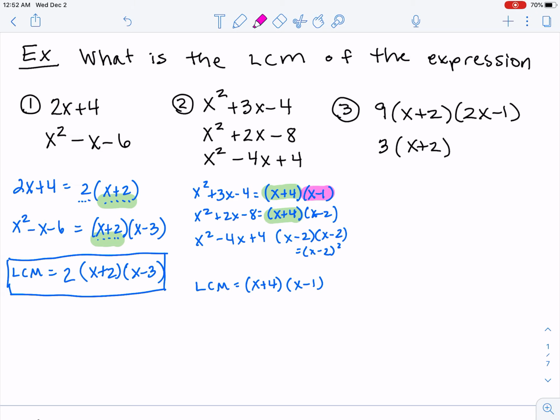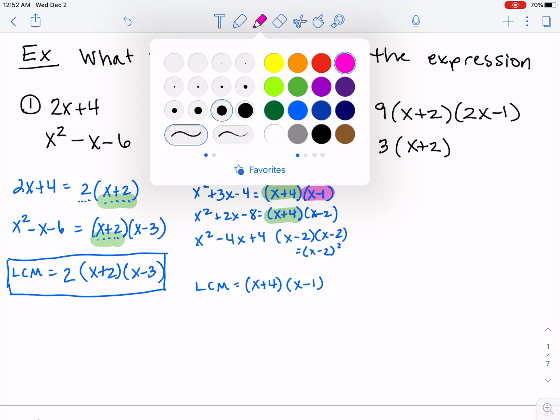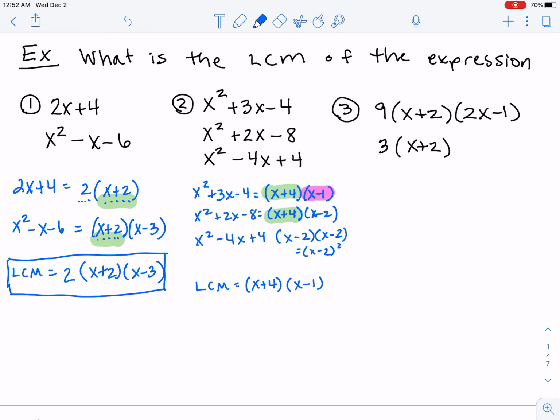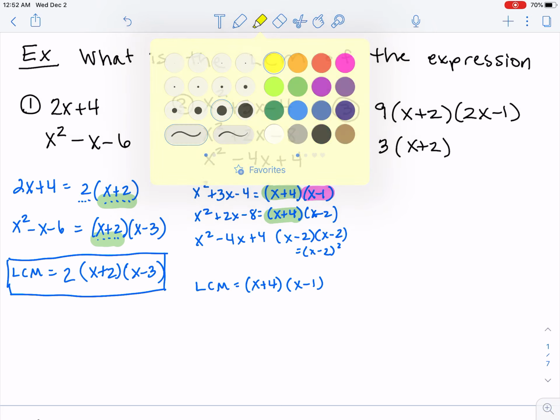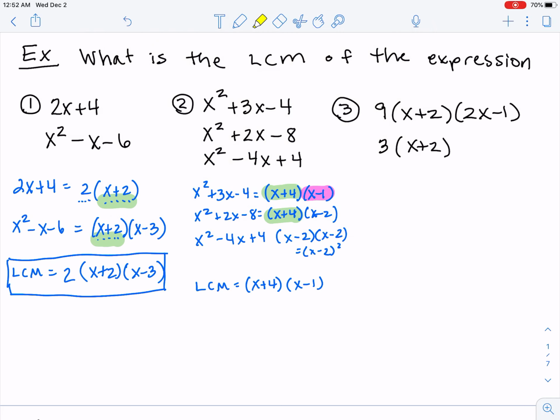And then my last factor, I've got x minus 2. Now, since it's a multiple, you're going to want that highest degree. So that's x minus 2 quantity squared. There's your least common multiple.